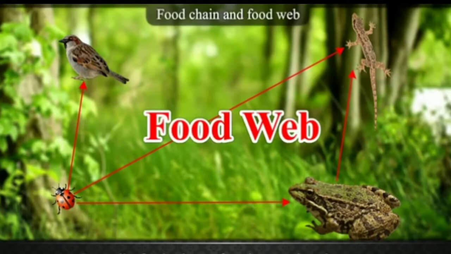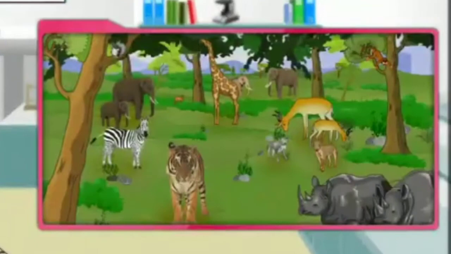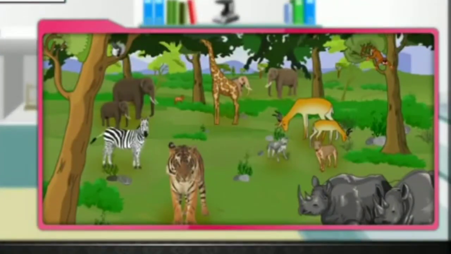Generally, food webs are found everywhere in nature. Children, you need to make a list of various consumers of an ecosystem around you and classify them according to the mode of nutrition.